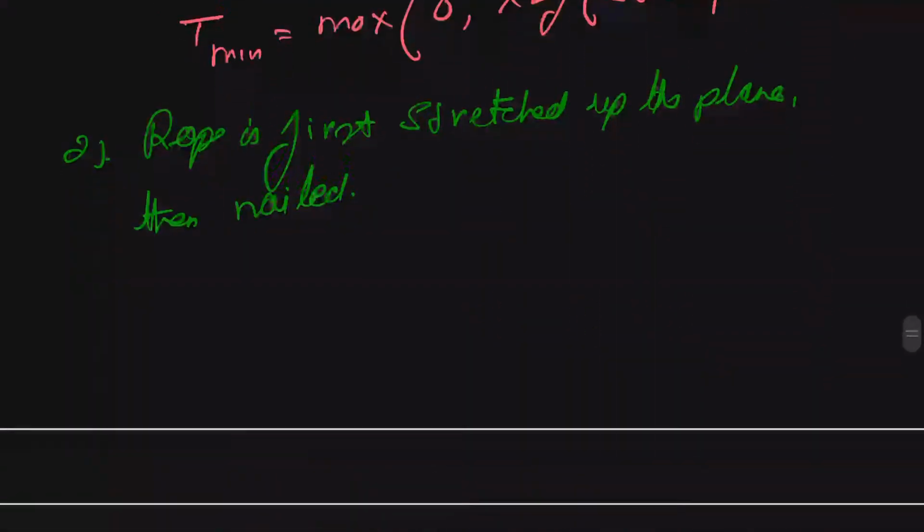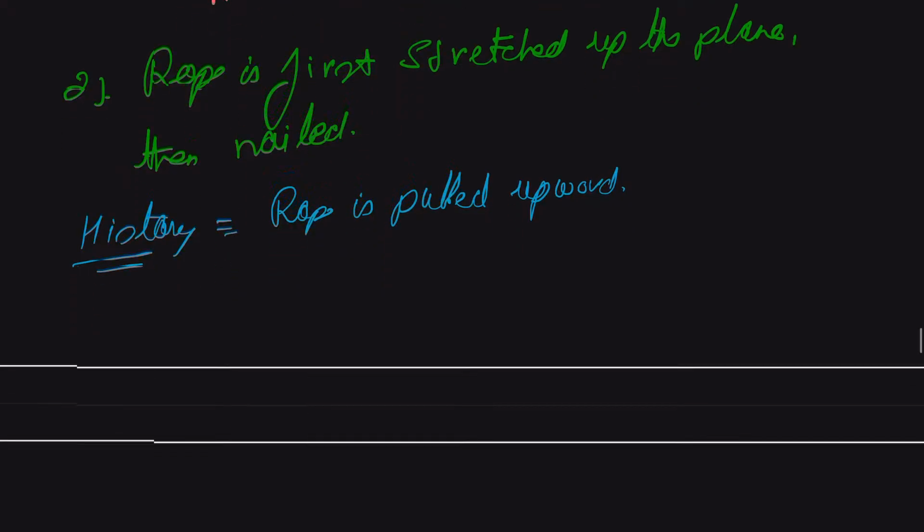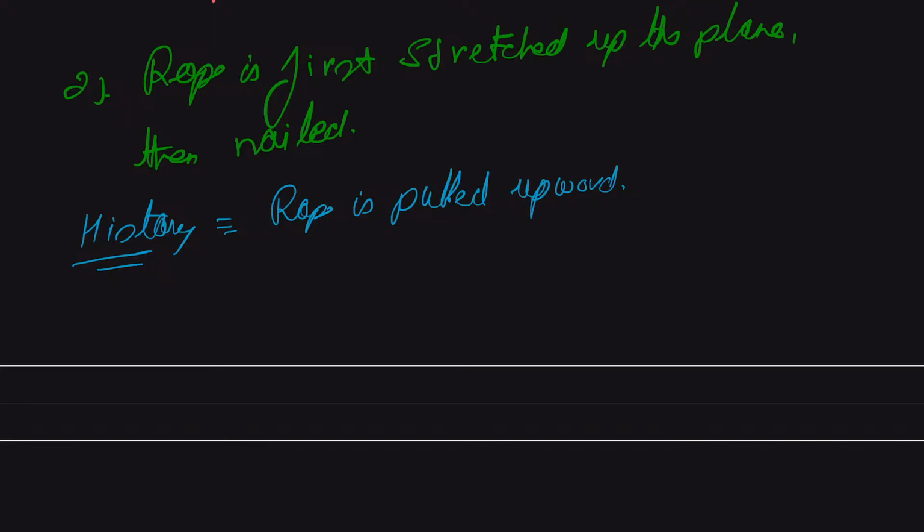Specifically, our history in this case is that the rope is pulled upward before nailing.